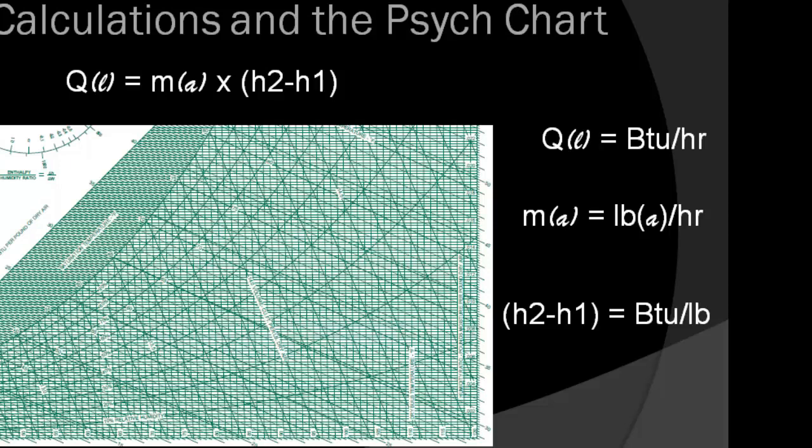Please note that in these equations, M sub A, and often with a dot over it to represent flow rate, is the mass flow rate of air in pounds per hour, and the change in latent heat will be in BTUs per hour. Enthalpy is represented in BTUs per pound.